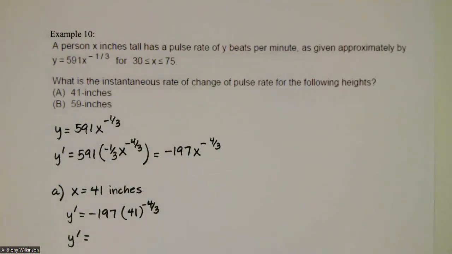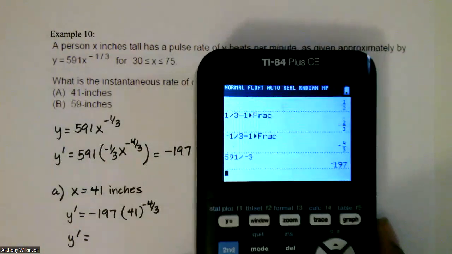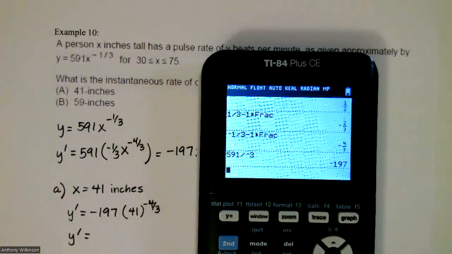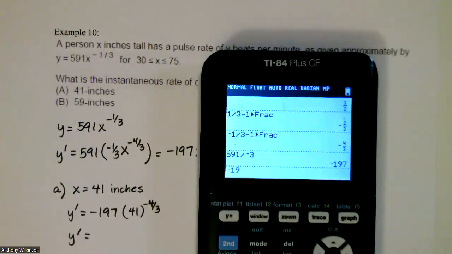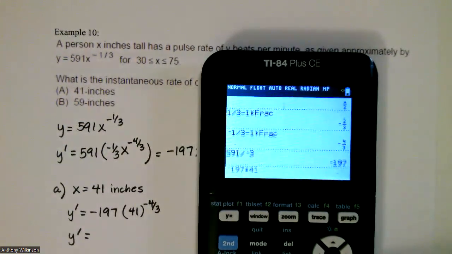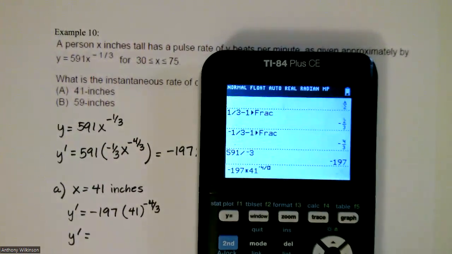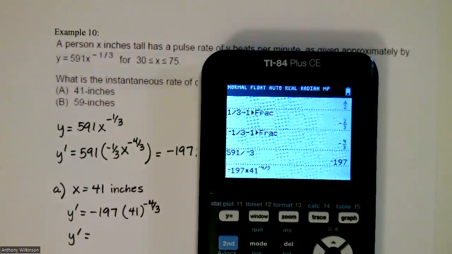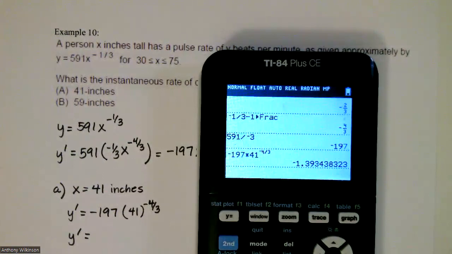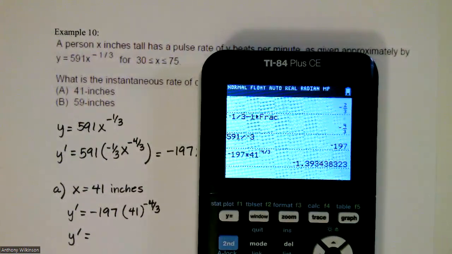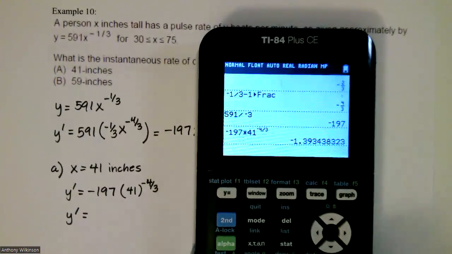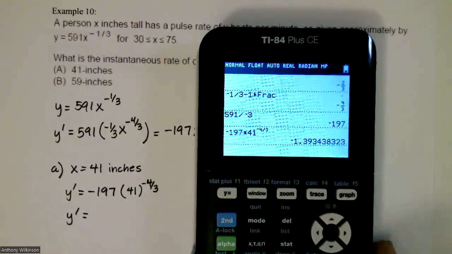I'm going to show you how that goes into the calculator. Negative 197 times 41, hit your hat key for the exponent, then the negative key, and then 4 divided by 3. Then hit enter. Rounded to 2 decimal places, this will be approximately negative 1.39.